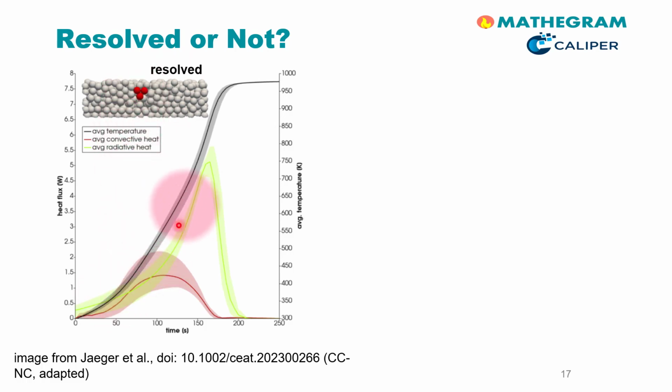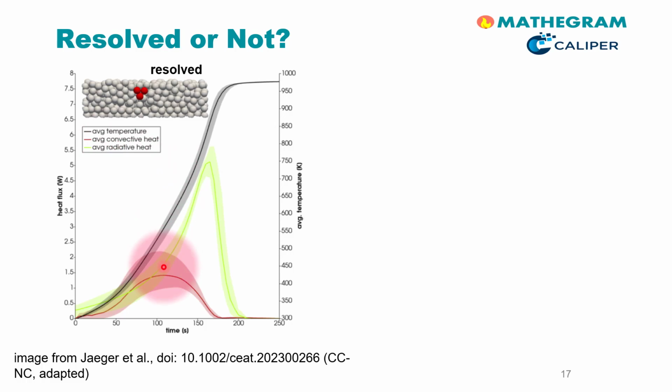The black line is associated with the axis on the right hand side and illustrates the particle temperature. As you can see, the particles are heated up and reach a peak temperature of approximately 1000 Kelvin. Note that the shaded area in this figure depicts the min-max range of the particle temperature and the heat rate.